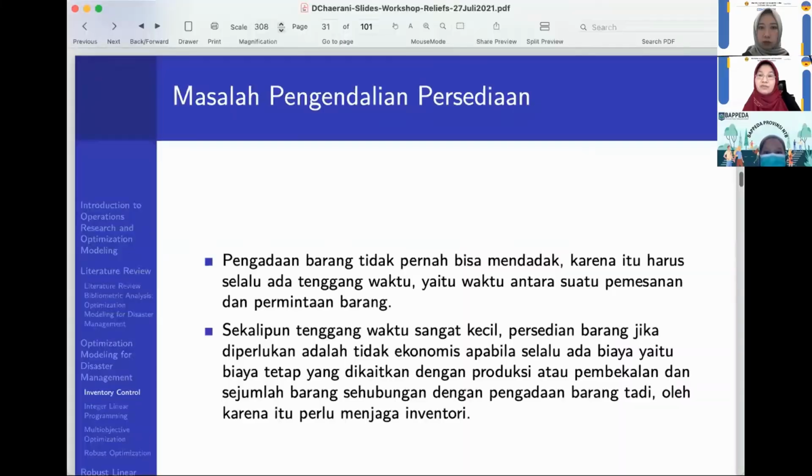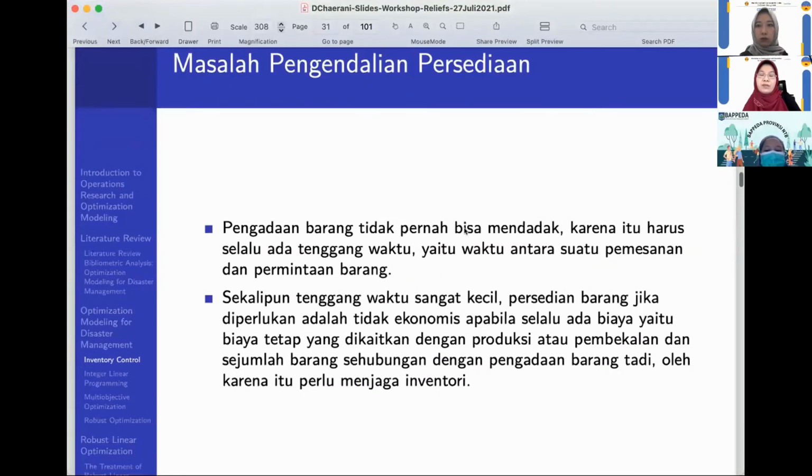Dibatasi juga ya dengan kondisi bahwa pengadaan barang ini tidak bisa mendadak misalnya. Kemudian kalaupun ada senggang waktu, maka persediaan barang ini tidak ekonomis bila selalu ada biaya tetap yang harus dikeluarkan. Ini kondisi-kondisi yang sering kita hadapi berkaitan dengan persediaan.